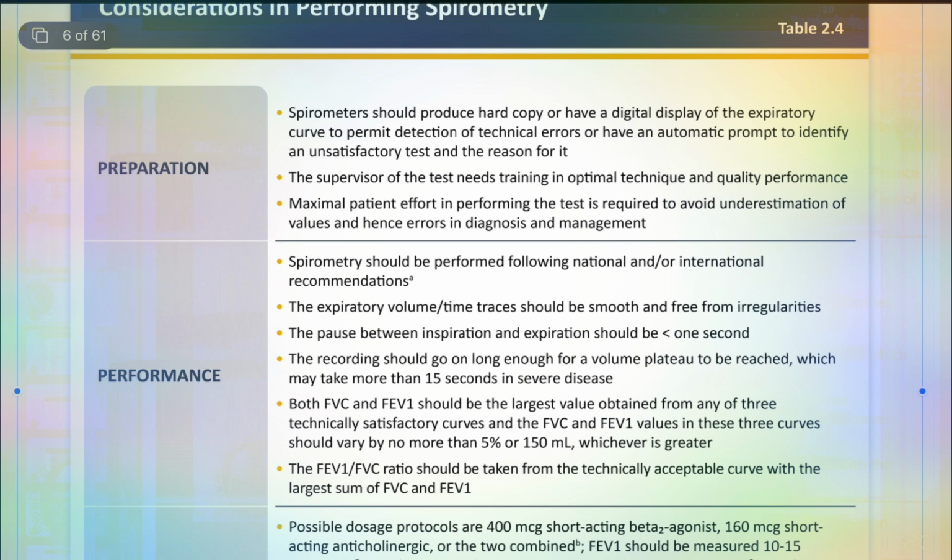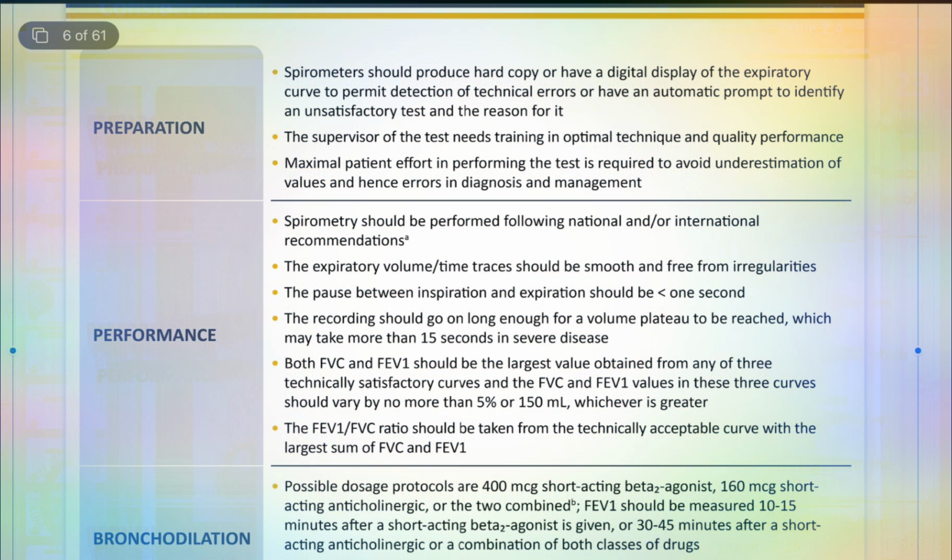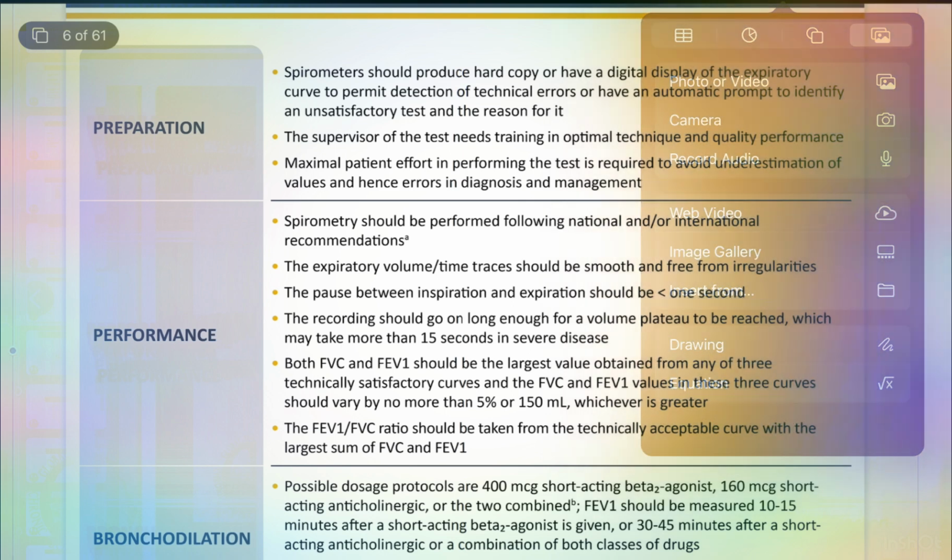So these are the preparation, it should be a good spirometer. The supervisor of the test needs training in optimal technique and quality performance. Obviously, maximal patient effort in performing the test is required to avoid underestimation of the values, and hence error in the diagnosis and management.